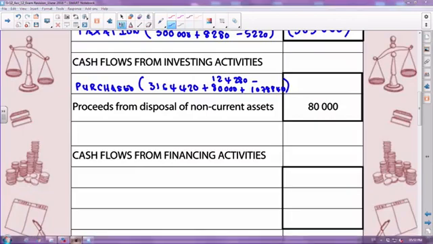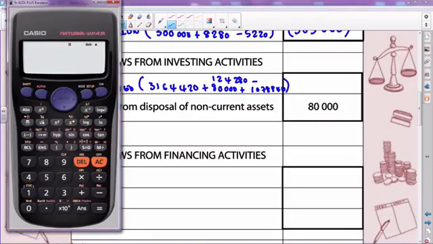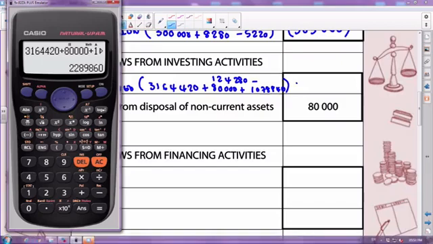Take your calculator and say, fine. We start from the 3164420, add the 80,000 Rand, plus the 124,280, minus the opening balance of 107,840, and voila, we have our answer, which is 2,289,860.